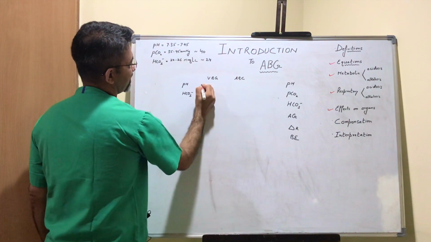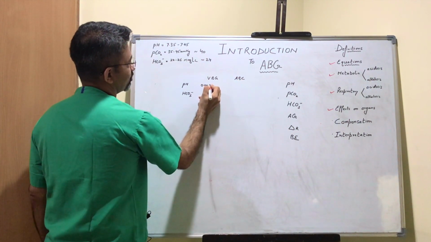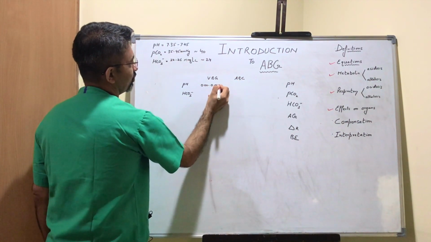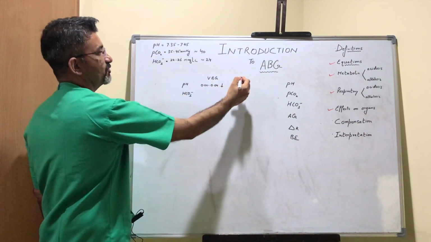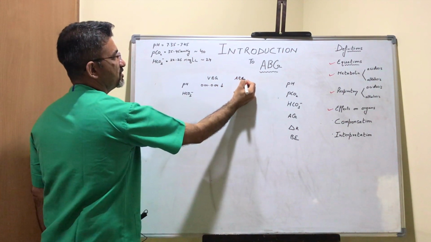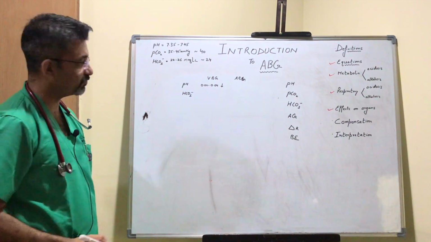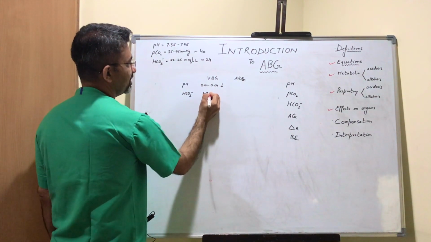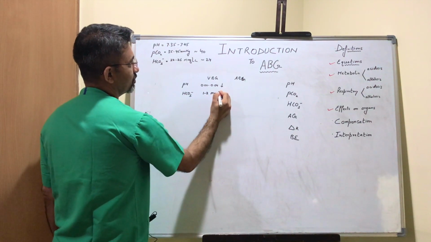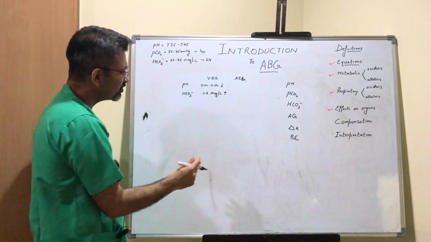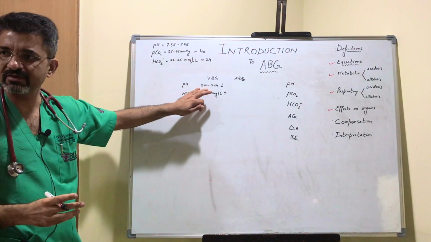Your pH is probably 0.02 to 0.04 less as compared to your ABG, whereas your HCO3 is 1 to 2 milliequivalents more than your ABG. So this is not much of a difference.